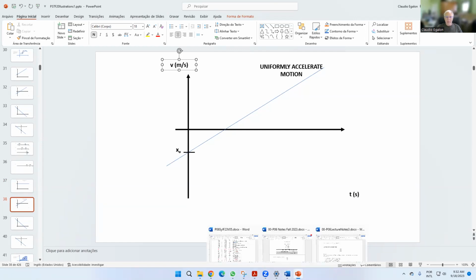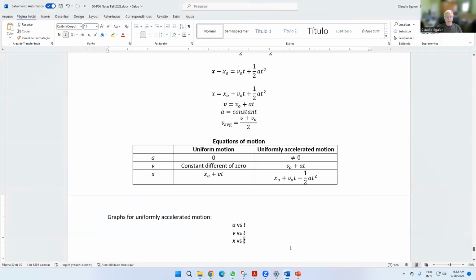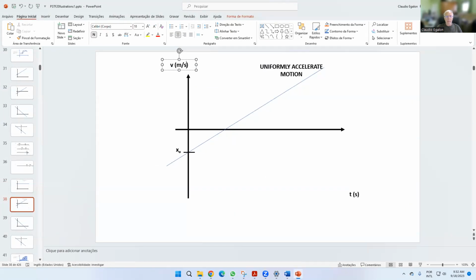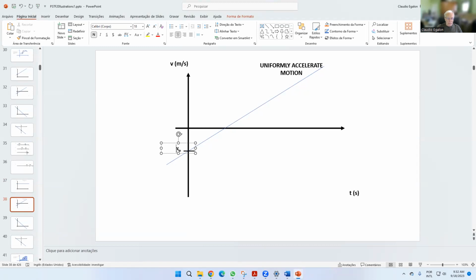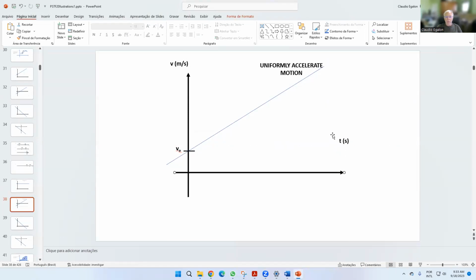It's going to be linear, right? That's what my equation here tells us. The velocity is linear with t. If the acceleration is positive, then the slope is going to be positive as well. And here we must have a v naught, not x naught. Here's t. Let's say v naught is positive.